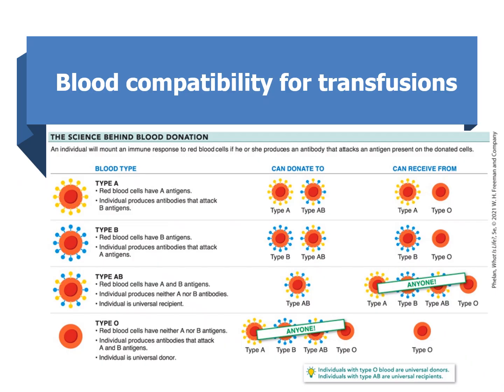This is an important piece of information when it comes to compatibility for blood transfusions. If you have type A blood, you can receive type A and type O because you need to match the antigen.